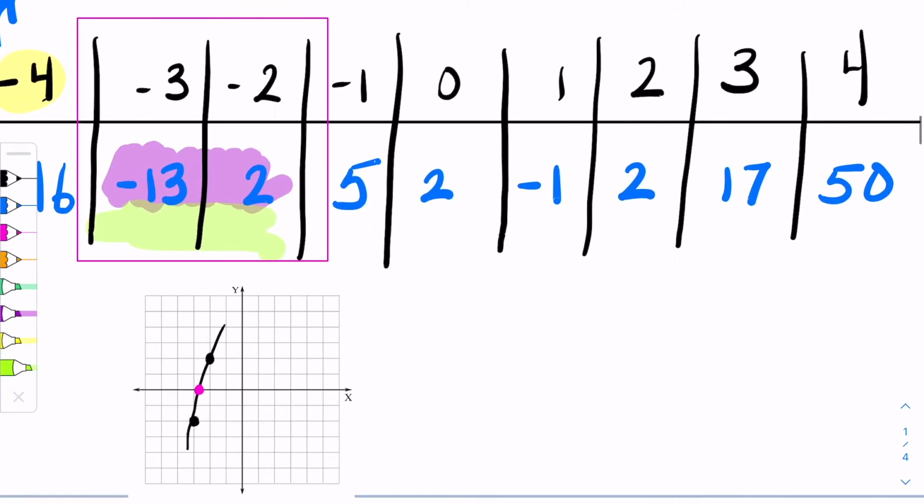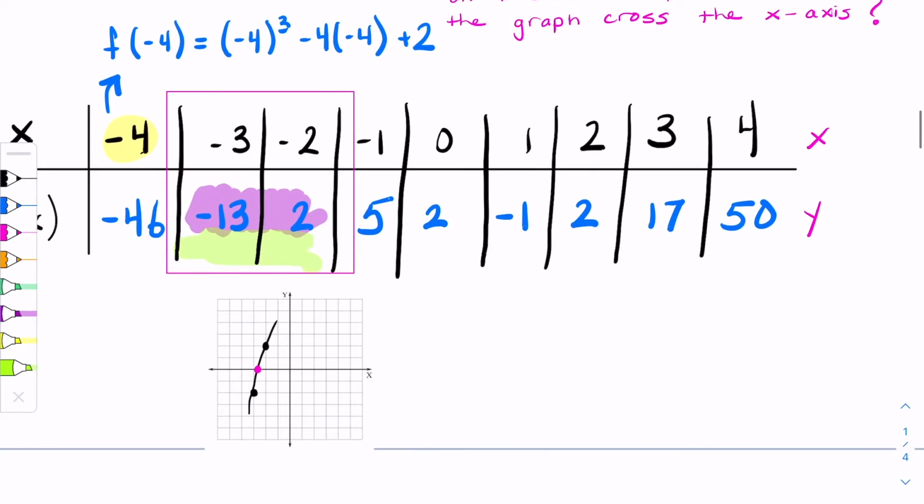All right, looking at our chart of values, where else do we have a change from negative to positive or positive to negative? And I can tell we have one right here. That means we have an x-intercept between these 2 values.